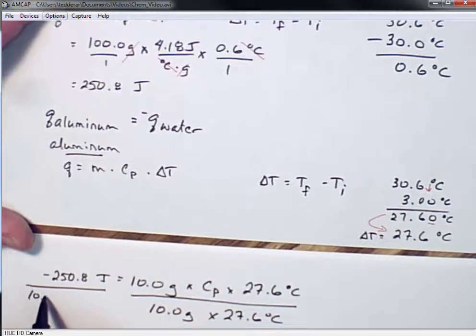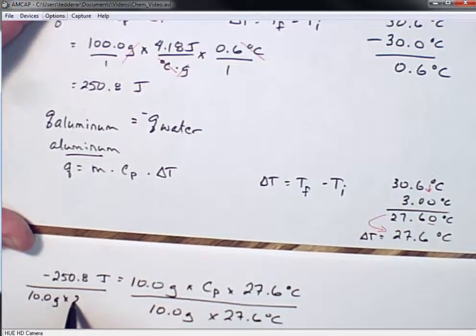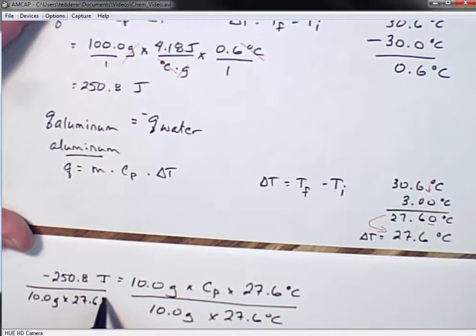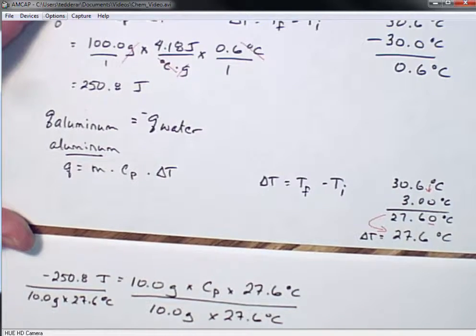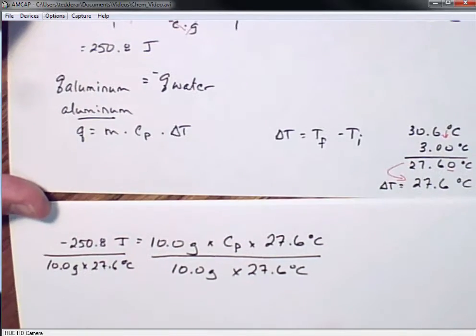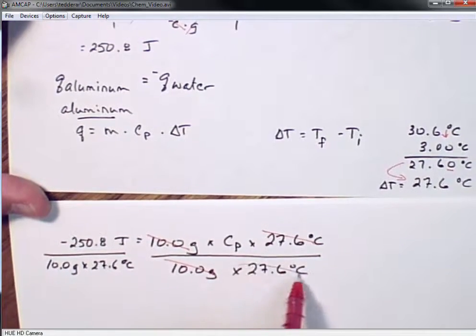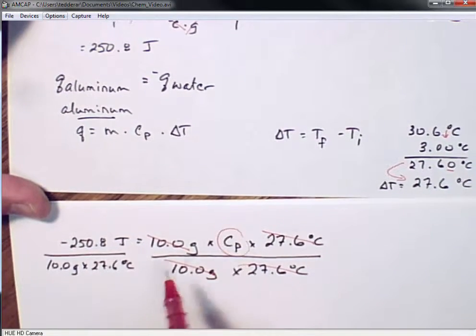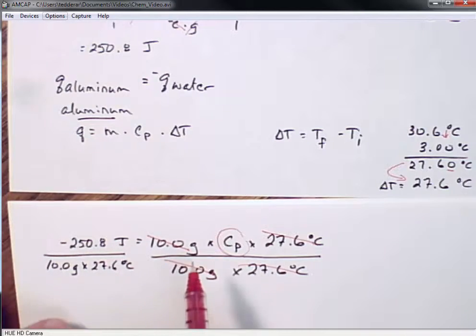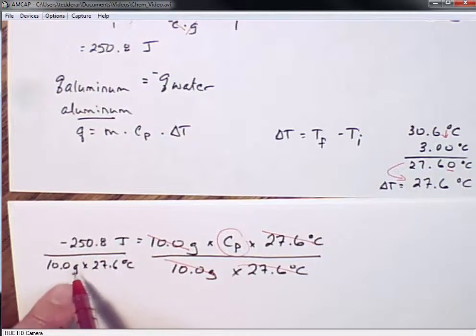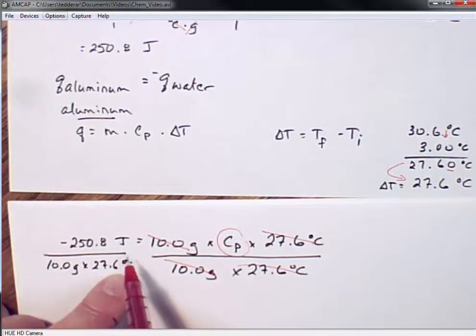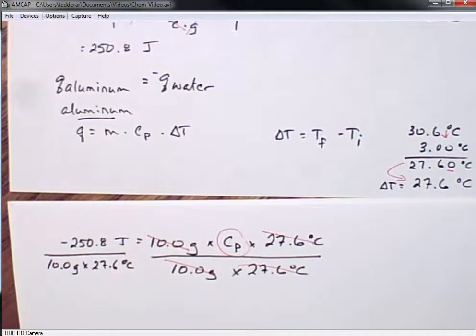Whatever we do to this side, got to do to the other side. 10.0 grams times 27.6 degrees C. This allows us to cancel all of this and all of this. We've got specific heat by itself, which is what we're trying to find. And we know that specific heat comes in units of joules per gram per degree C, and we have that. So we're ready to just put it in the calculator now.